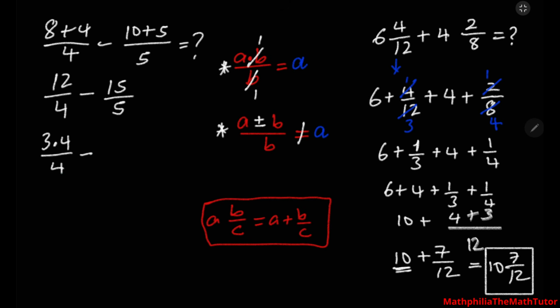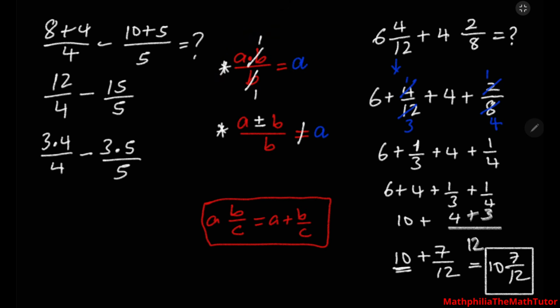Minus. Here also, the denominator is 5, so we consider 5. 5 multiplied by which number is equal to 15? The answer is 3, okay? So 3 multiplied by 5 is the same as 15, so over 5. Now, you are free to use this property here. You can go ahead and cancel them.